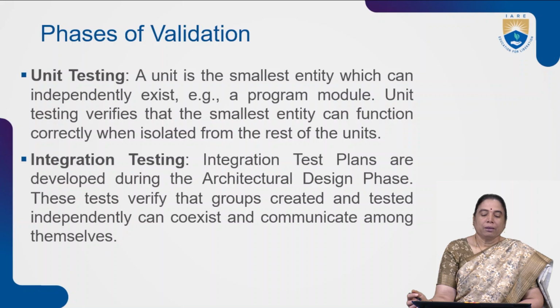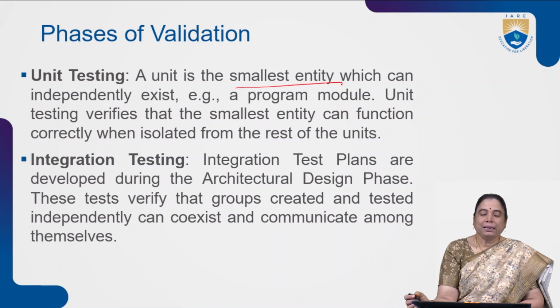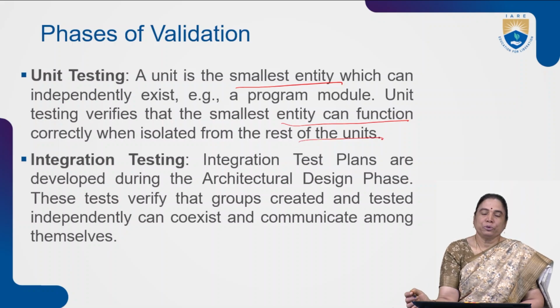Unit testing is the validation phase of the V-shaped model. A unit is the smallest entity which can exist independently. For example, a program module is a unit. Unit testing verifies that the smallest entity can function correctly when isolated from the rest of the units.